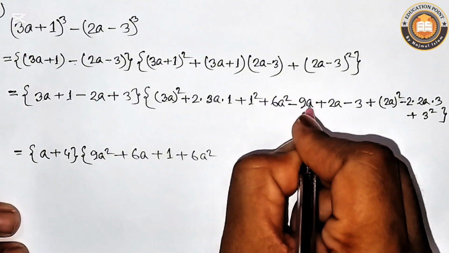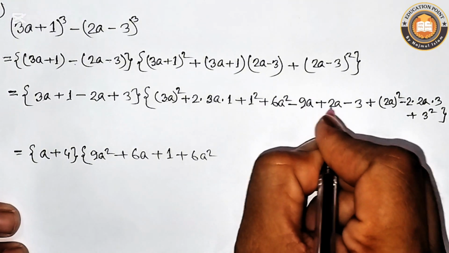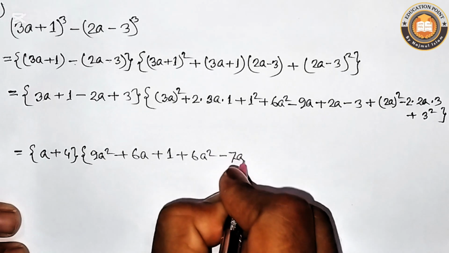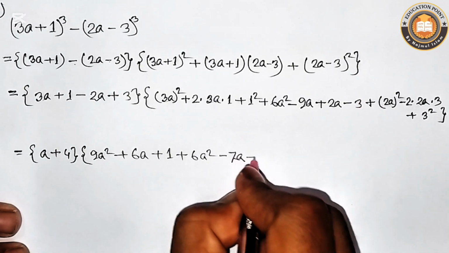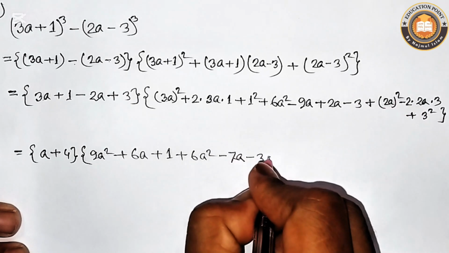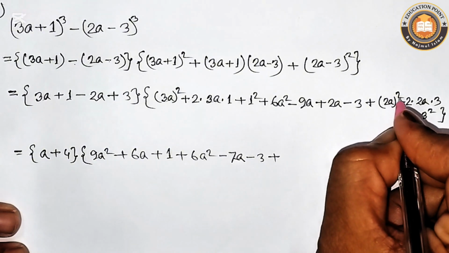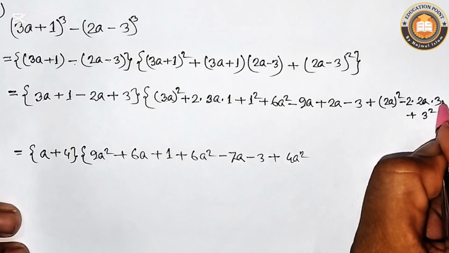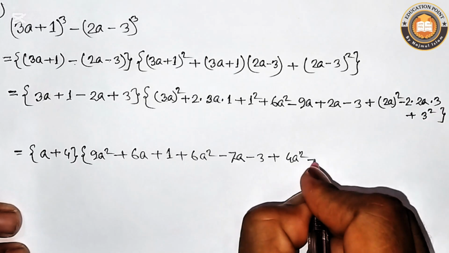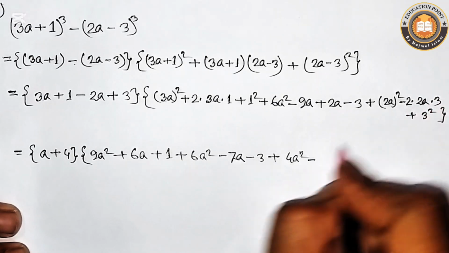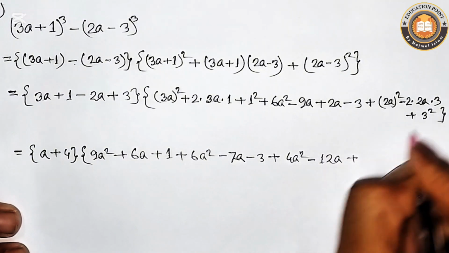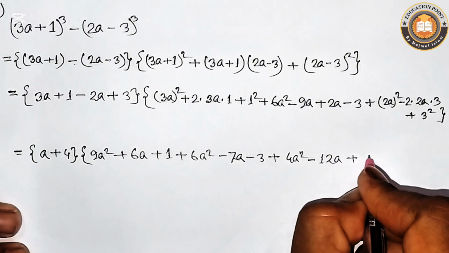Subtracted value of minus 9a and plus 2a equals minus 7a, then minus 3, plus square value of 2a equals 4a square, minus 2 into 2a into 3, that is 12a, plus square value of 3 is 9.